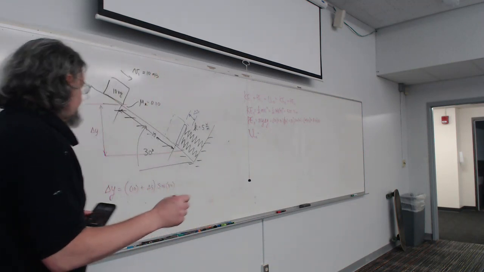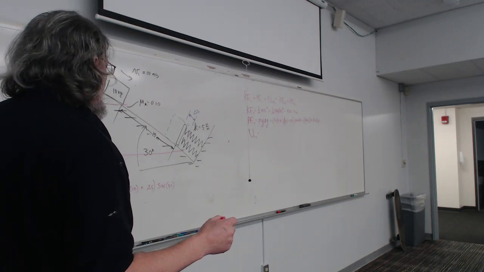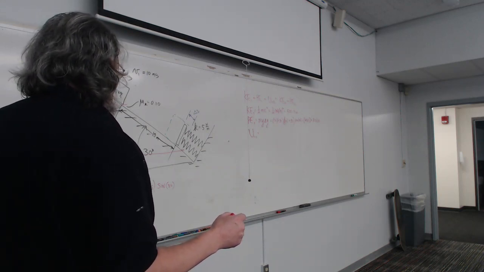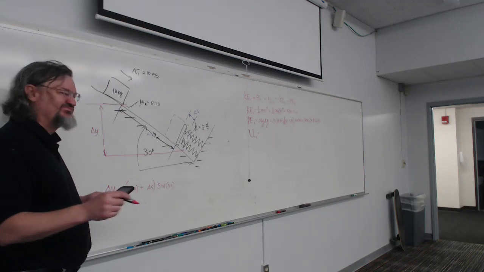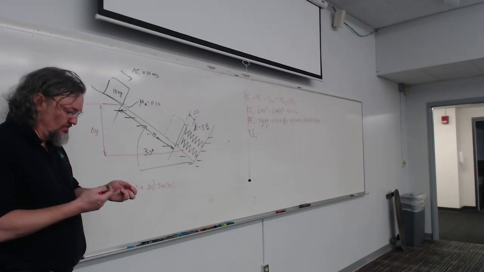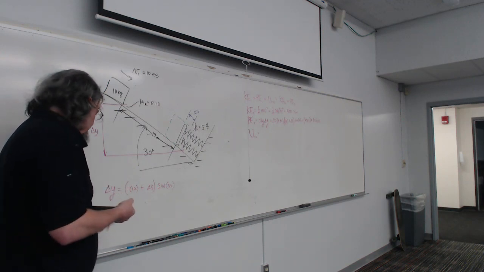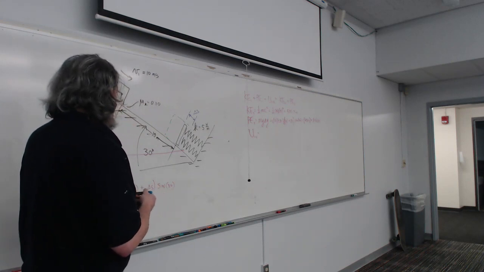Okay. So now we do the work. What kind of work is happening on this thing? The spring. We consider the spring to be potential energy, but you're not wrong, because some folks do consider it.